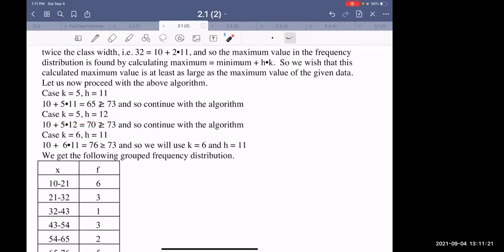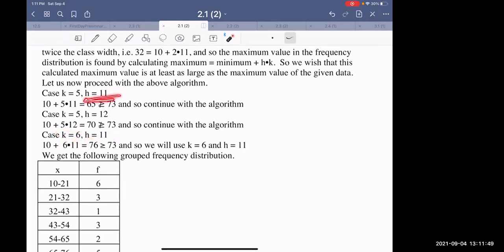Let's make h larger. Let's round up h. So if you round up h, then you get 10 plus 5 times 12, that's 70. Again, doesn't work. So now that means that we can't deal with 5 classes. Let's go with 6 classes.